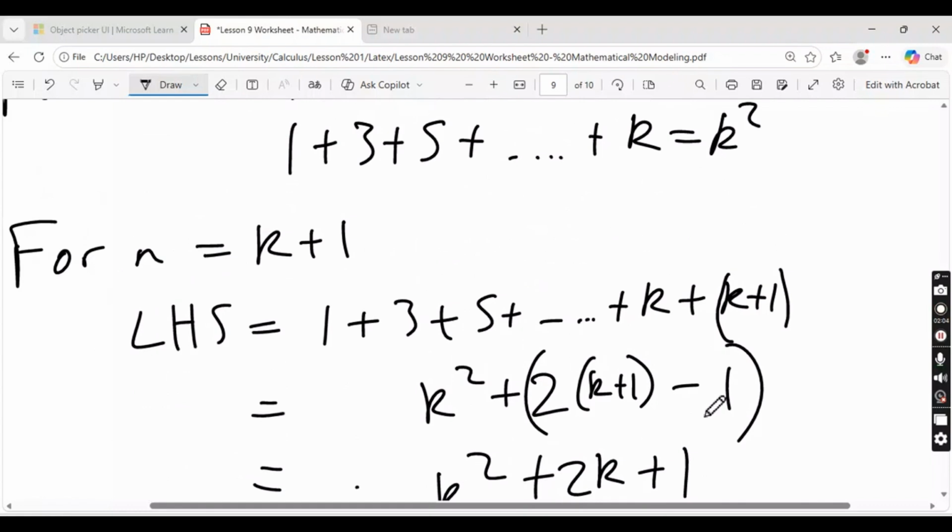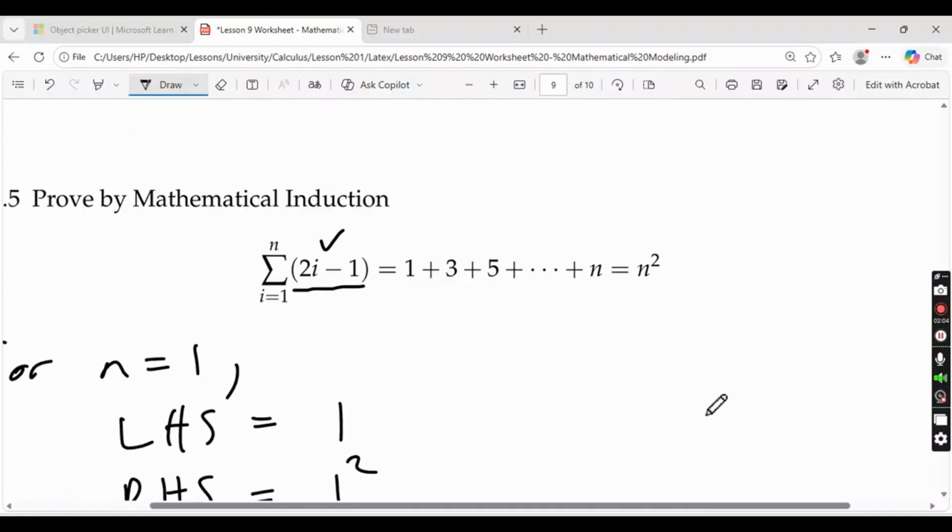For the right hand side, it's equal to 2k plus 1 minus 1. This was supposed to be left hand. Oh, I see.